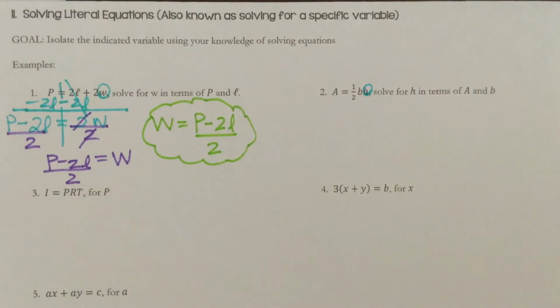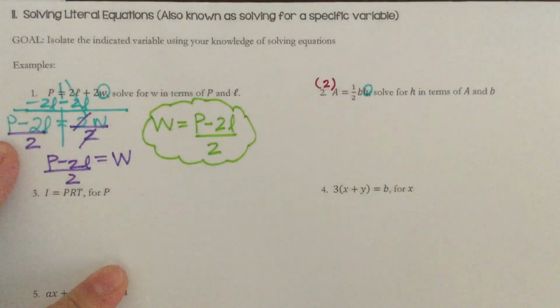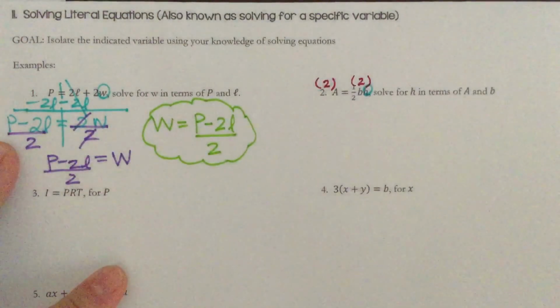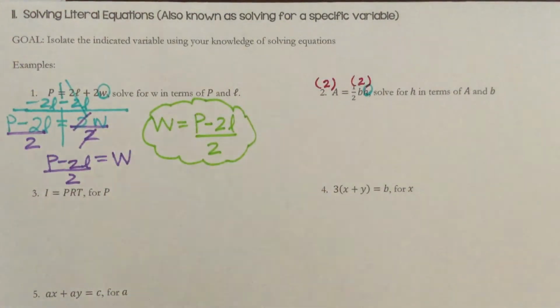In this case, the only denominator I have is 2. I'm going to multiply the A by 2, but I am also going to multiply the 1/2 BH by that same 2. Guys, 1/2 BH is one term because that's all multiplication. Remember, I start introducing new terms when I see an addition or subtraction sign. All right, on the left-hand side, 2 times A gives us 2A.